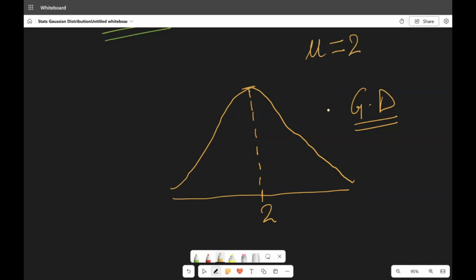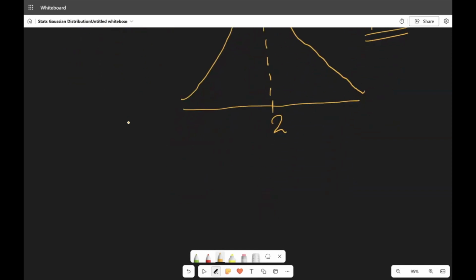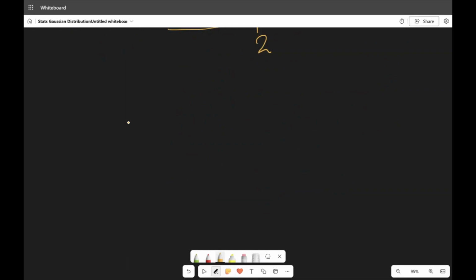Fine. Let me give you some simple notations. The parameters of the Gaussian distribution are simply mu and sigma square. Let me write it here.